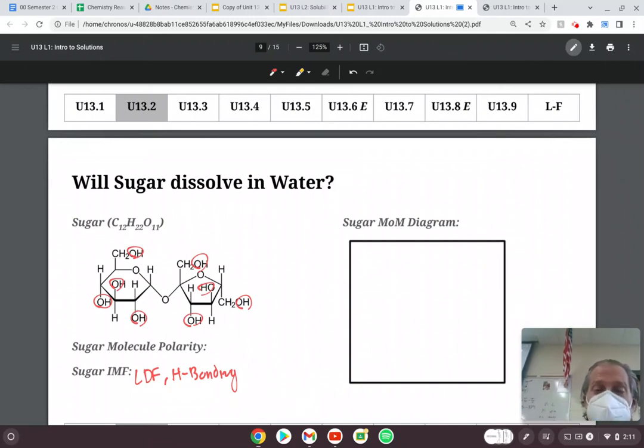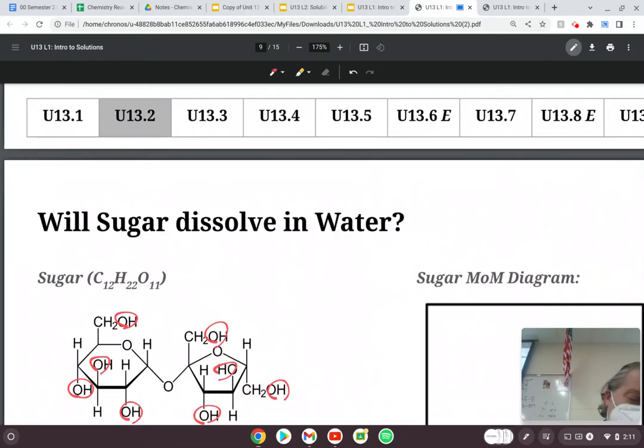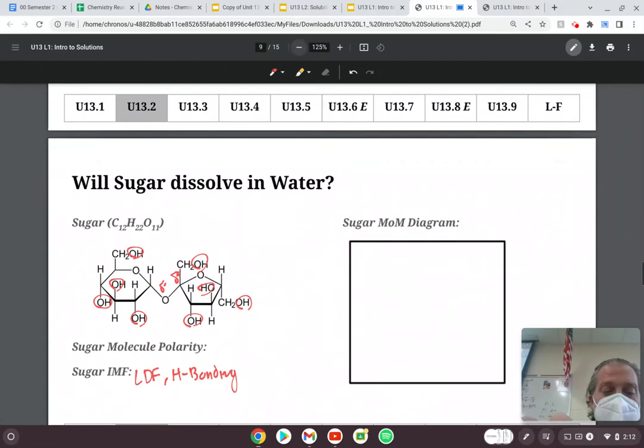And if I zoom in here a little bit, I can show you that this would be delta negative and this would be delta positive. And if that's the case, there's a bond there that's delta negative, delta positive. So that means it's dipole-dipole.